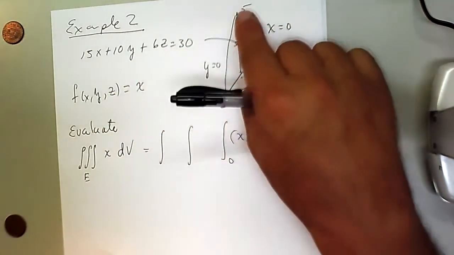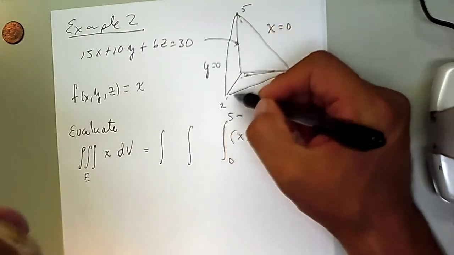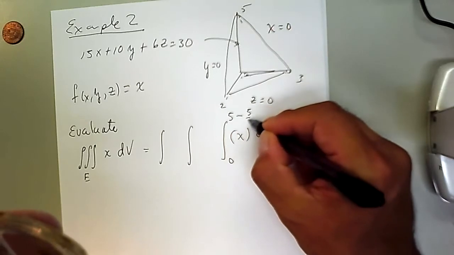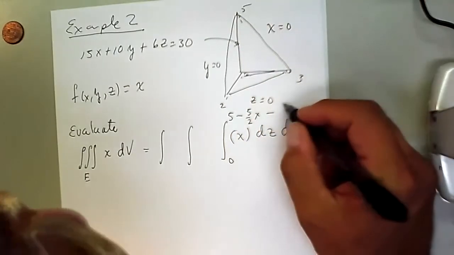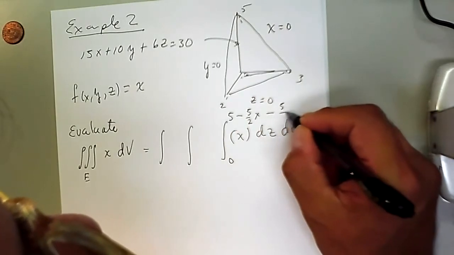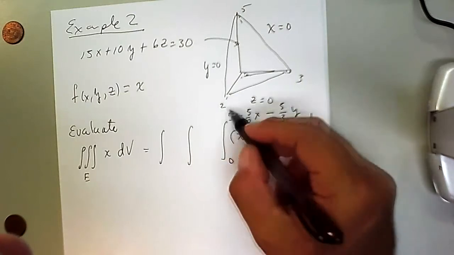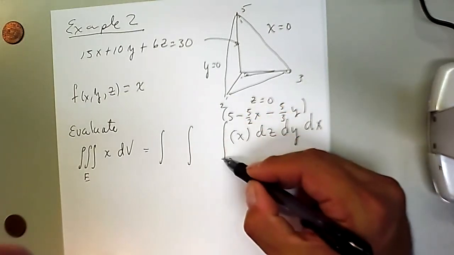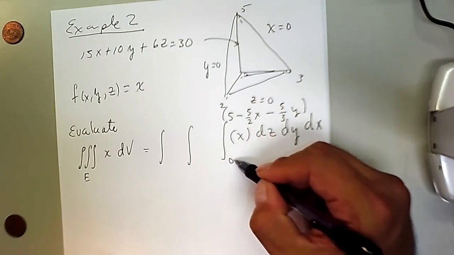And well, it starts out with 5. And then we have to take away 5 over 2 in the x direction. And then we have to take away 5 over 3 in the y direction. So this big thing is the upper limit of the first integral. See how difficult it starts getting already?